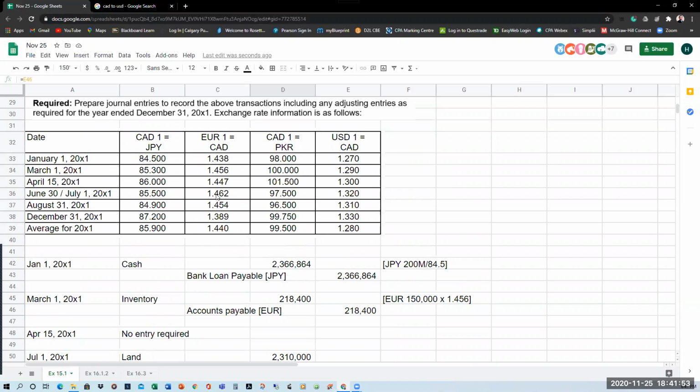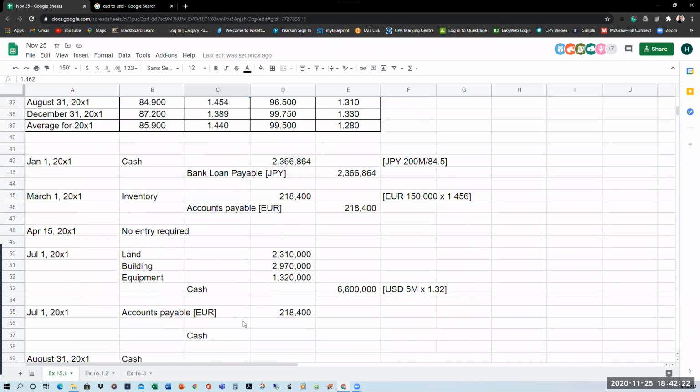Now, what happens is that on July 1st, 2001, the exchange rate for the euros has changed to 1.462. 1 euro used to be 1.456. Now it's 1.462. So when we buy the euros, the 150,000 euros, we have to use the spot rate for the date that we are making the payment.